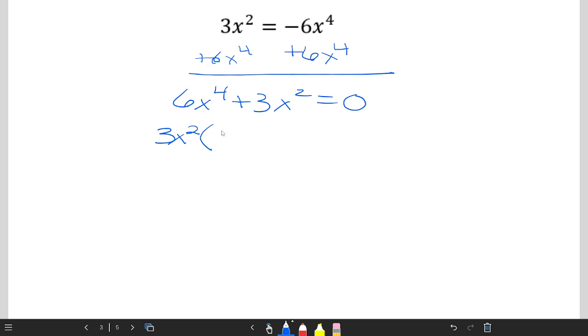And then the first term, we're going to be left with 2x squared, because if we multiplied 3x squared times 2x squared, we would get 6x to the fourth. And then don't forget about the second term. There should still be two terms left in the parentheses here when we're done factoring. 3x squared times 1 is 3x squared.